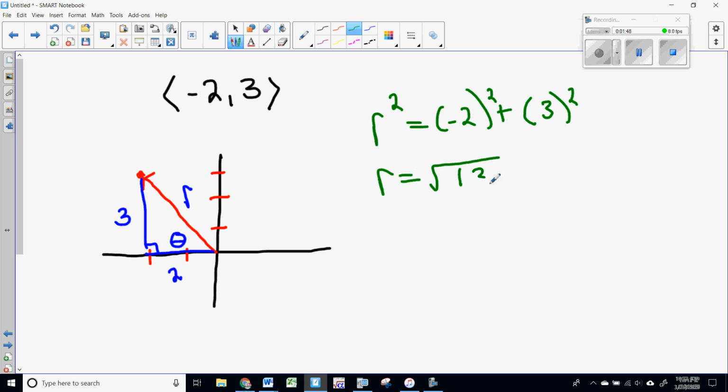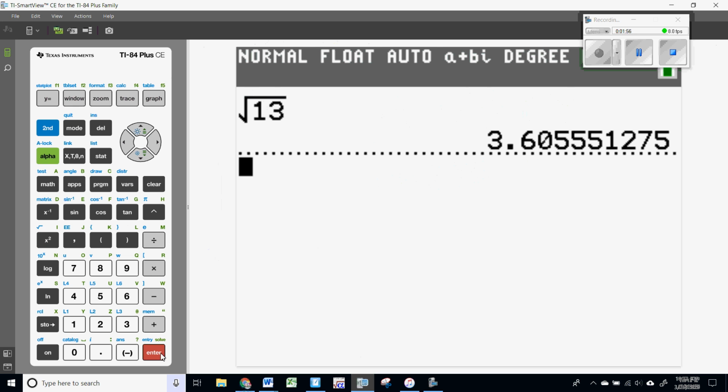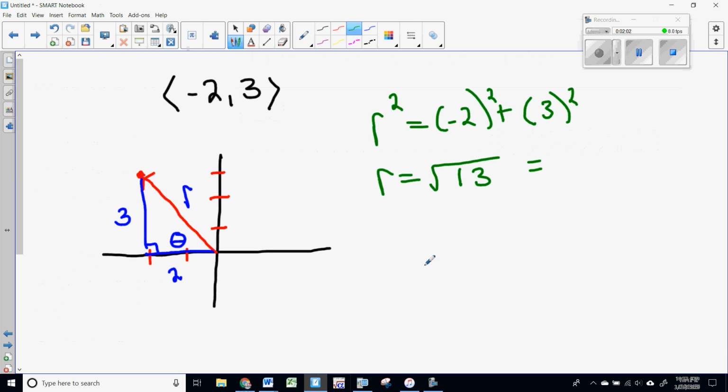That's going to give me the square root of 13, which I can just do on the calculator, and the square root of 13 is 3.606. So my distance, my magnitude is 3.606.